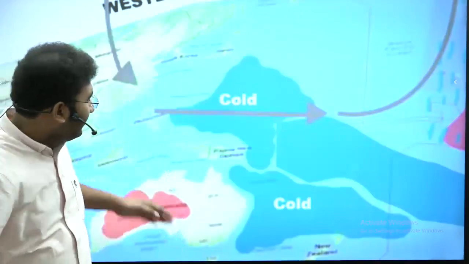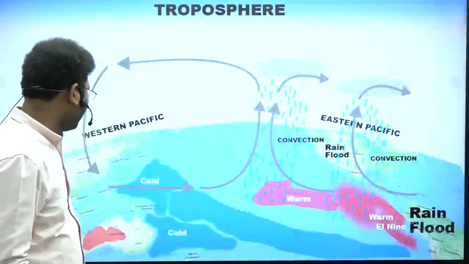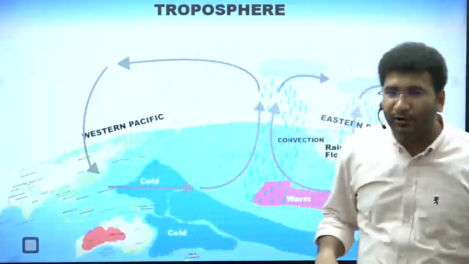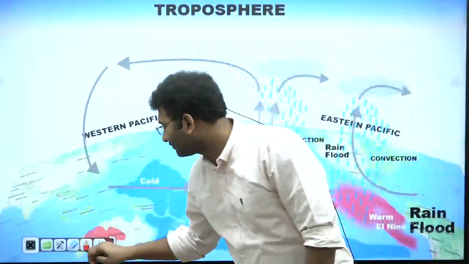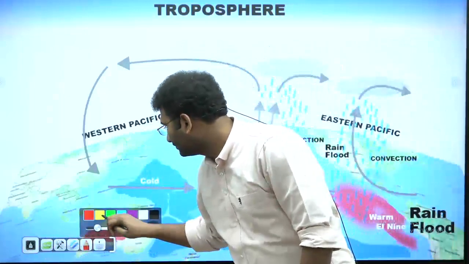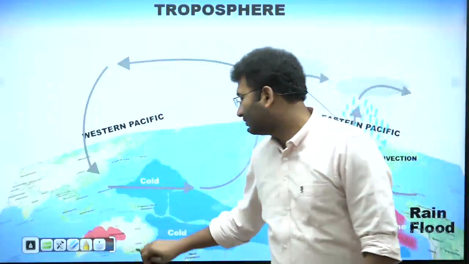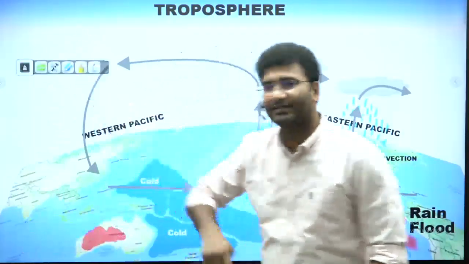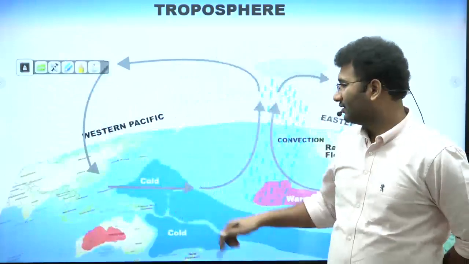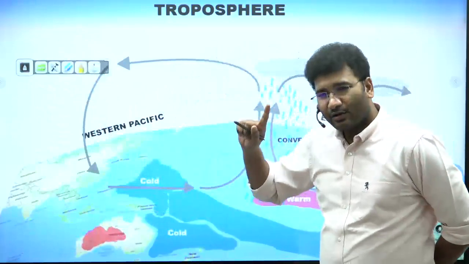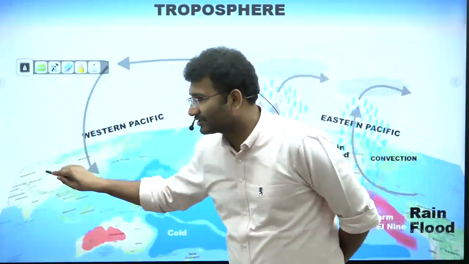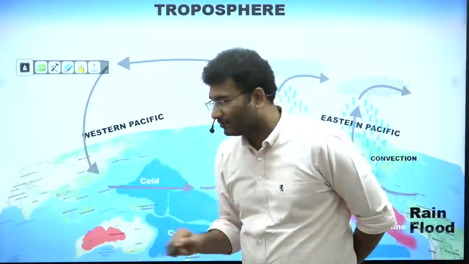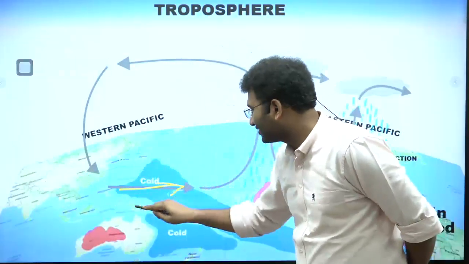Ab dekho, El Nino time period pe jo winds that have to come on to India. Look here. Let's come to the Indian Ocean here. Yahaan pe in the normal time periods we have seen that the wind should actually come to India, but now there is wind moving in this direction.